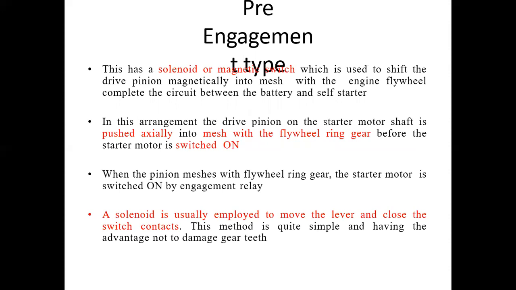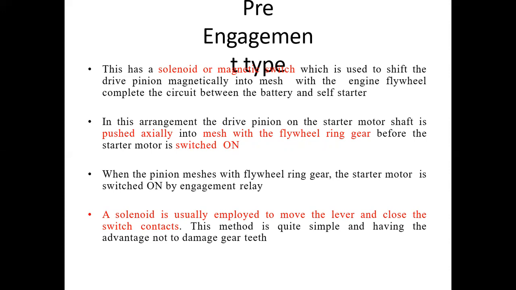Pre-engagement type: this has a solenoid or magnetic switch which is used to shift the drive pinion magnetically into mesh with the engine flywheel, completing the circuit between the battery and the starter. When the pinion meshes with the flywheel ring gear, the starter motor is switched on by the engagement relay. A solenoid is usually employed to move the lever and close the switch contacts.